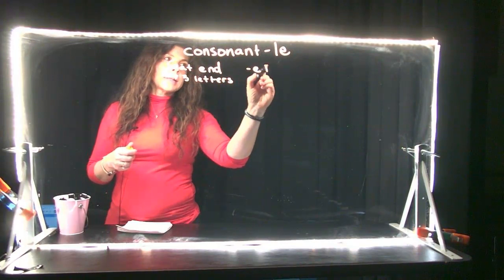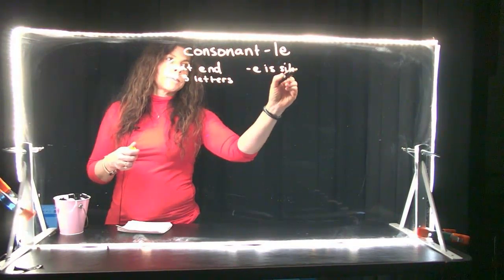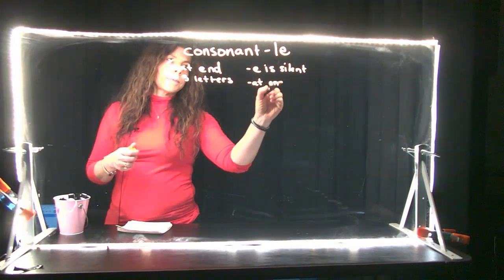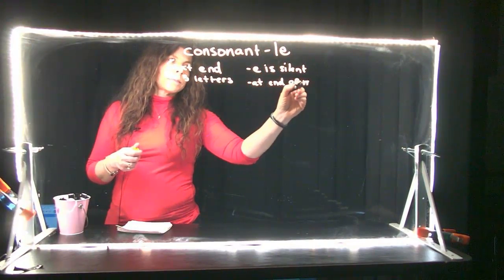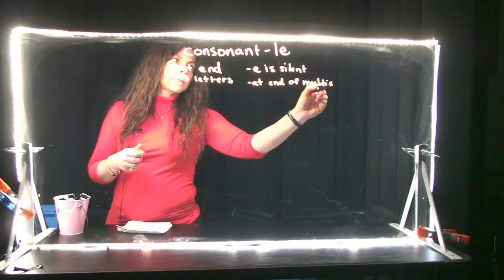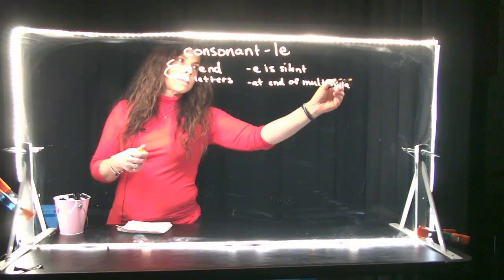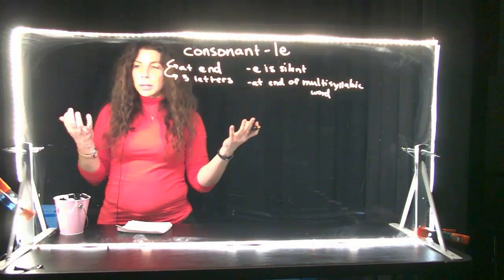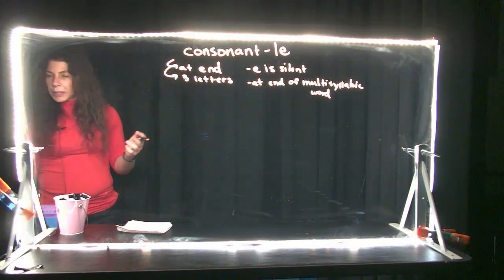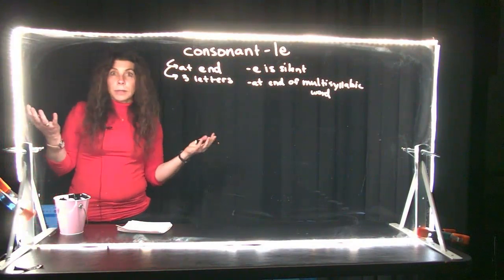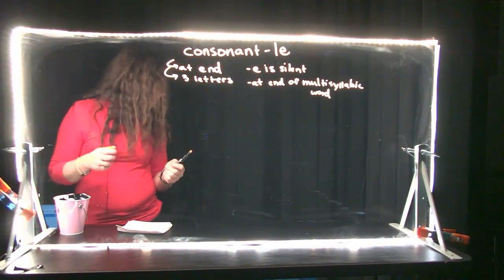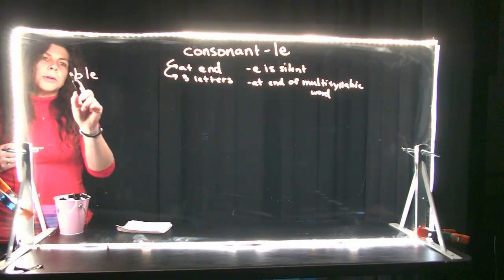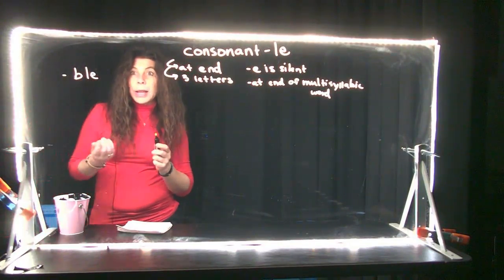E is silent, and it's at the end of a multisyllabic word. So at least two syllables. So there are a lot of different combinations. So let's start off with the first one, BLE. So did you think of any words that end with BLE?